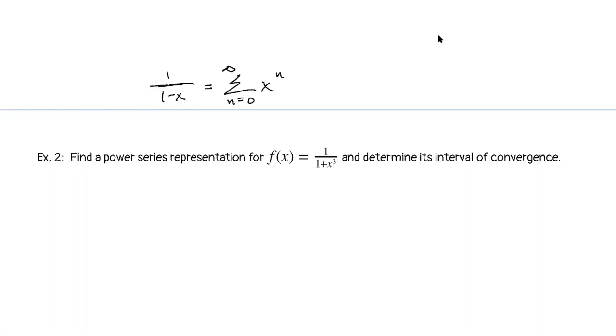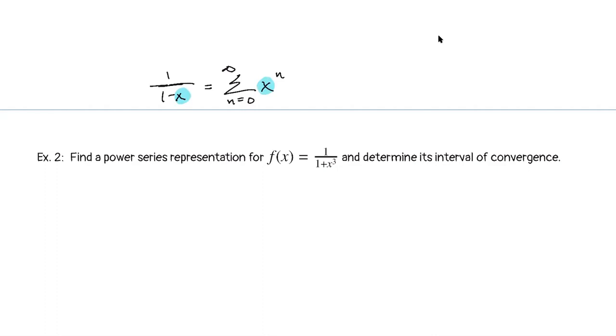If we color-code this a little, we can see that if I have 1 minus x on the bottom, then I just take that x and raise it to the power of n. Does that make sense?